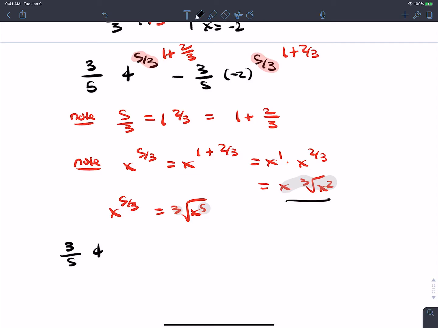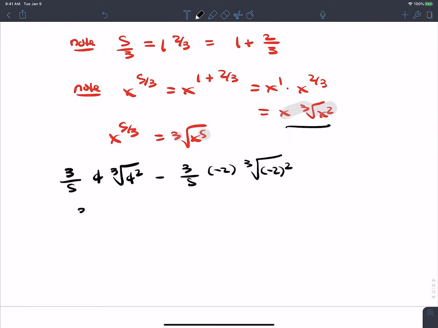This is what we're using: 4 cube root of 4 squared minus 3/5 times negative 2 cube root of negative 2 squared. 3/5 times 4, this has to be a cube root of 16 plus, I'm going to put 3/5 times 2 because minus the minus, cube root of what? 4.